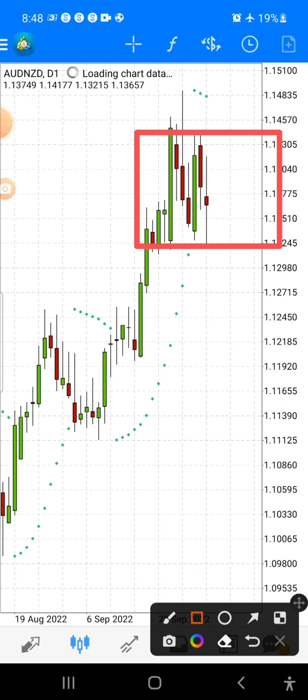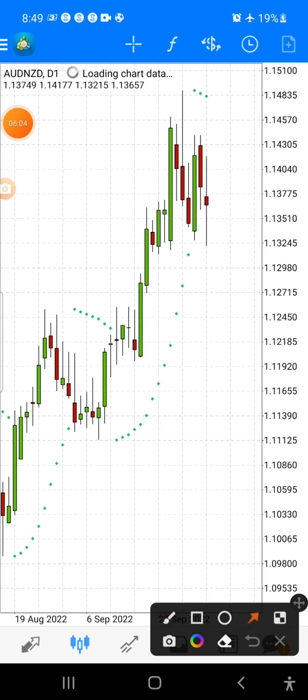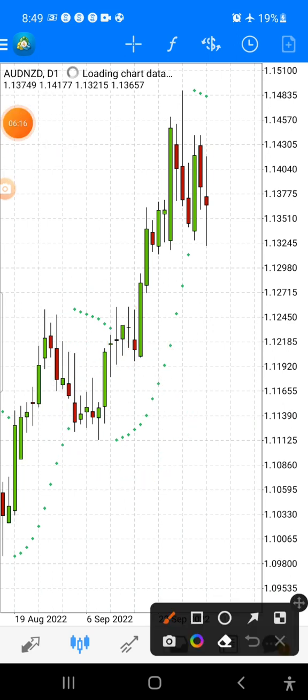And in reverse, imagine if you are selling. If we are selling, like the market was selling here, the market was selling here because the Parabolic SAR was above it. So this indecision candle, doji, we can see a doji right here. It was selling.